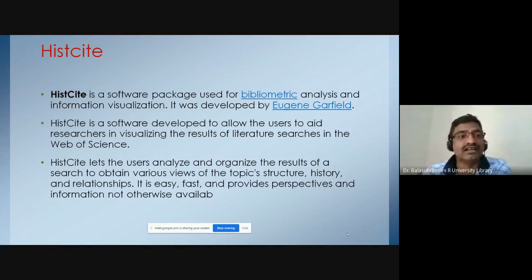You can retrieve and download the records from Web of Science, and only that data you can use. HistCite analyzes and organizes the search results to obtain various views of the topic structure, history and relationships.